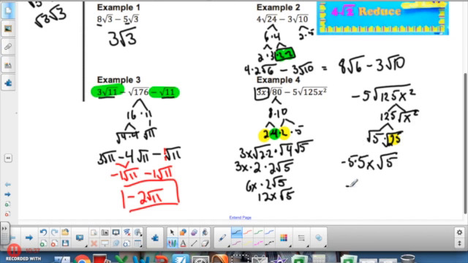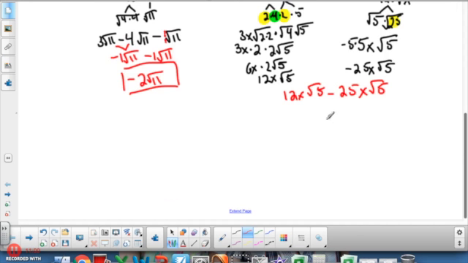So -5 times 5 is -25x root 5. So my final subtraction problem then is 12x root 5 minus 25x root 5.